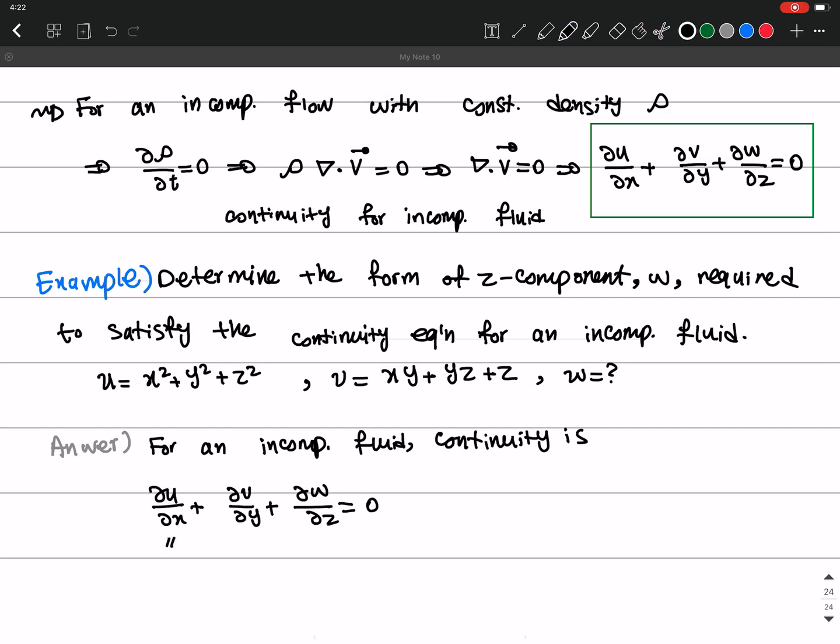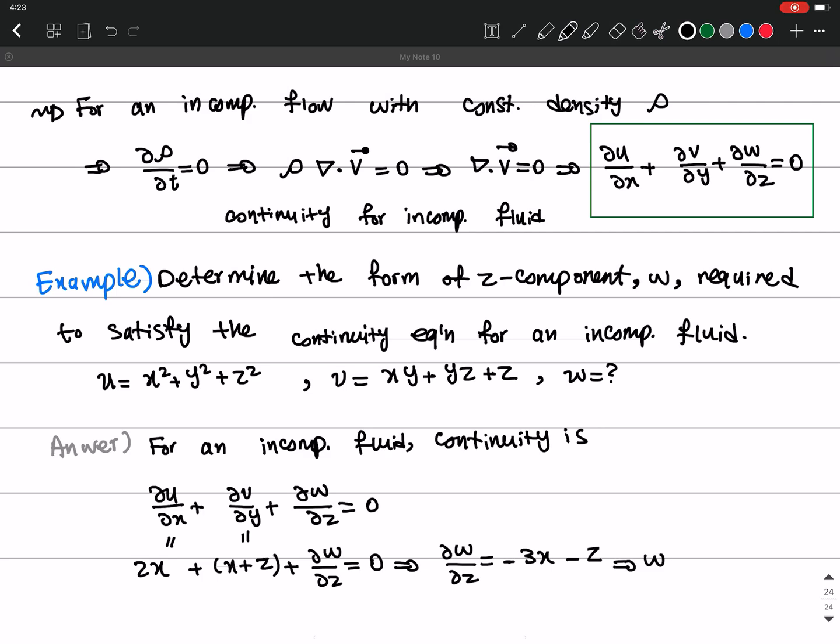It is 2x. What is partial v over partial y? It is x plus z, right? And what is partial w over partial z? We don't know that, so I'm just going to write it down. And so this gives me that partial w over partial z is going to be minus 3x minus z.